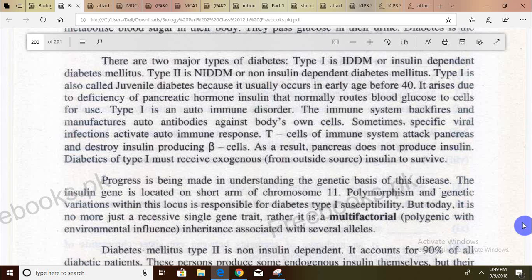Now, multifactorial means that there isn't just that one locus. At some point, people who had diabetes would simply have had this recessive allele, but over time it has become a polygenic disorder because there are multiple loci involved, as well as an environmental influence. Now, multifactorial is an important term.